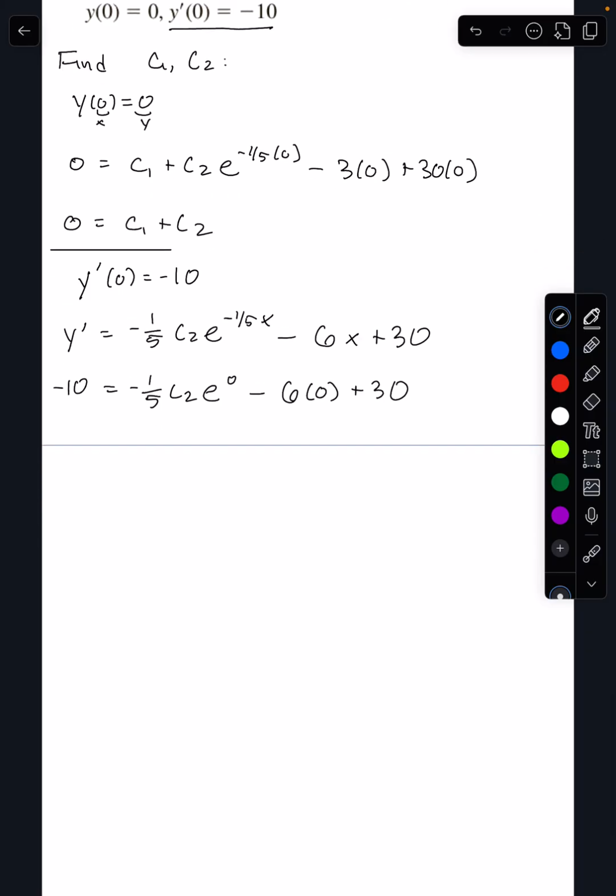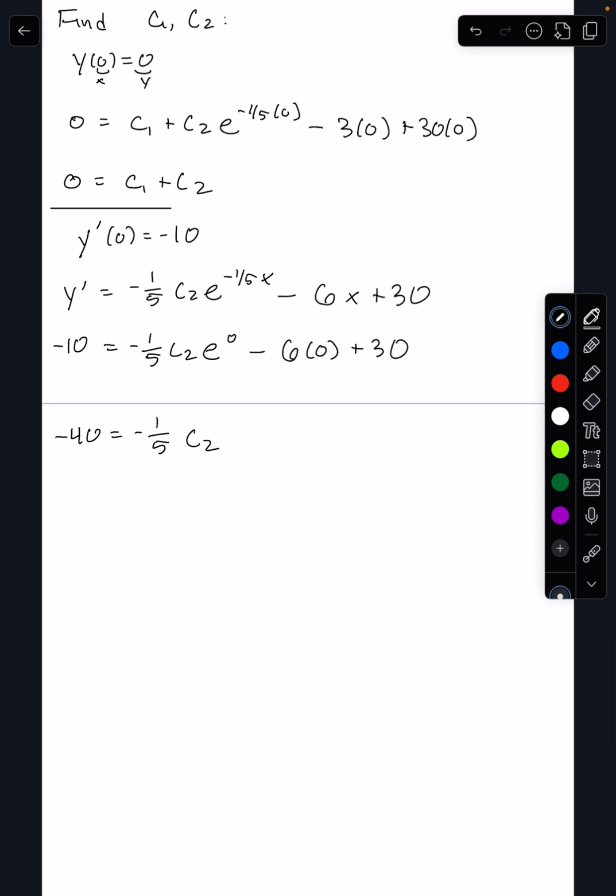Okay, and so if we work this all out, this would tell me that negative 40 is equal to negative 1/5 C2. And so C2 is going to be 200, I think. So C2 is equal to 200. And I know that C1 is equal to negative C2. This implies that C1 is equal to negative 200.